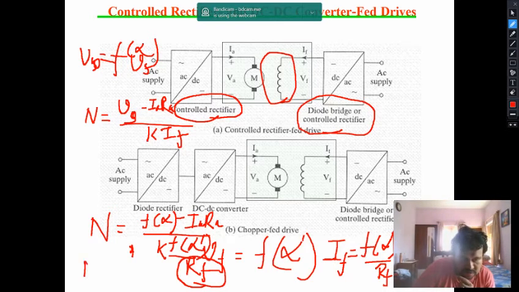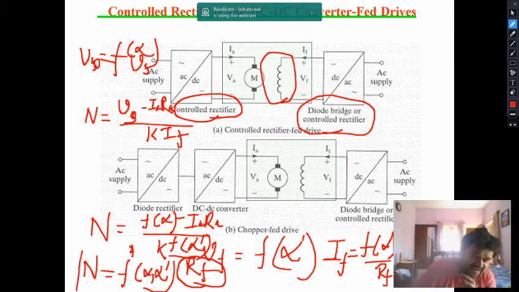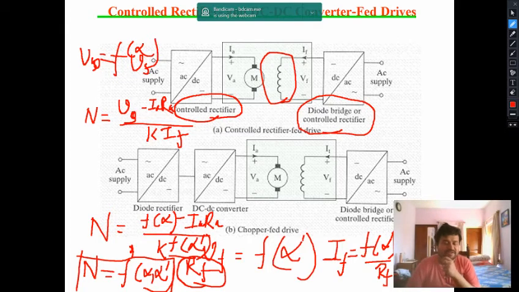So the speed is equal to a function of what? Alpha and alpha dash. Now this is a very unique equation. This is something which needs to be comprehended by heart rather.